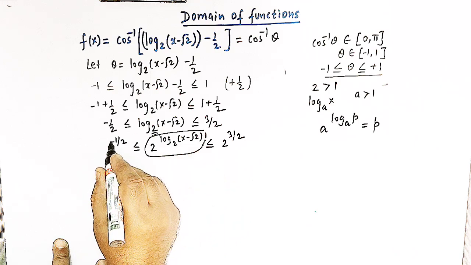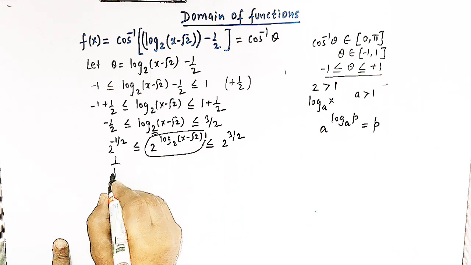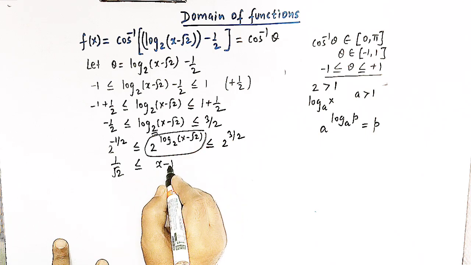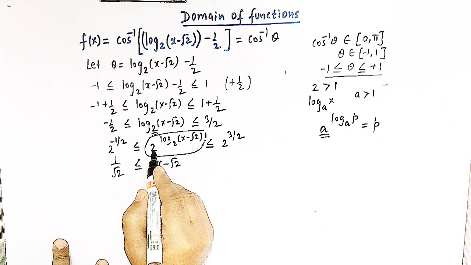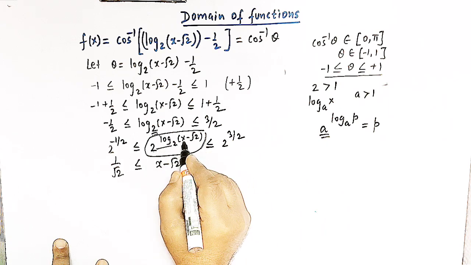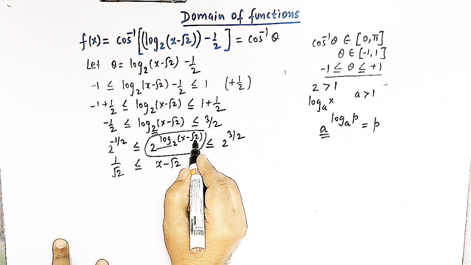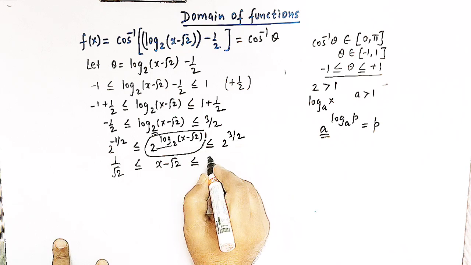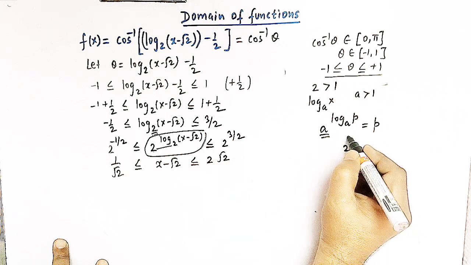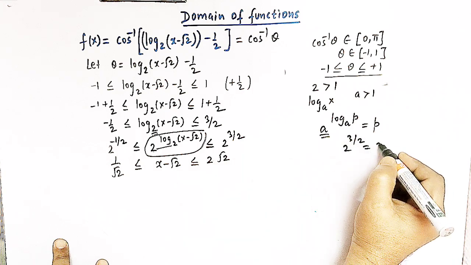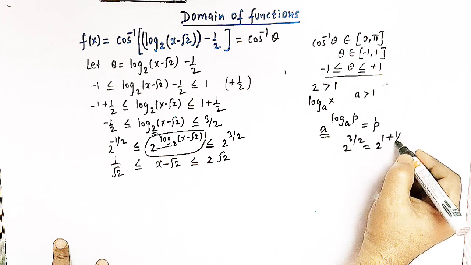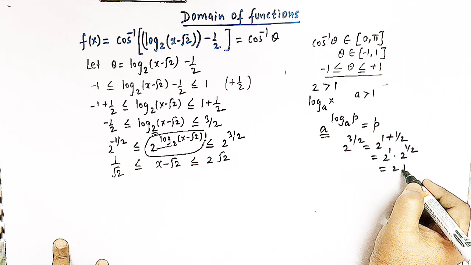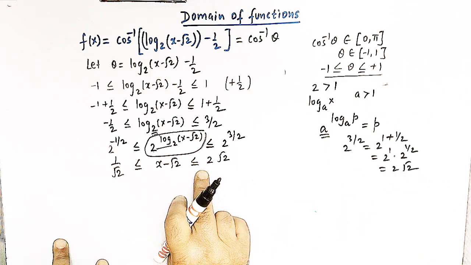So we have now 2 raised to minus half is 1 over square root of 2, and here we have simply x minus root 2, because the value of a is 2 and the value of p is x minus square root of 2, and here 2 raised to 3 over 2 is 2 root 2, because we can write 2 raised to 3 over 2 as 2 raised to 1 plus half, that is 2 raised to 1 and 2 raised to half, that is 2 root 2. So now we have this inequality.